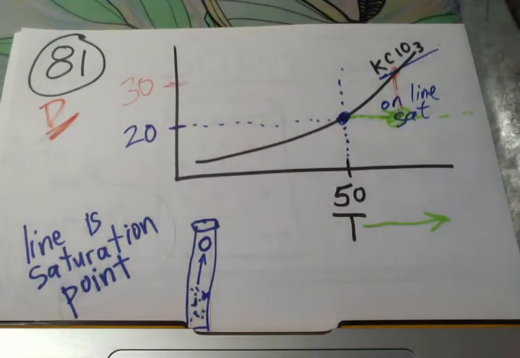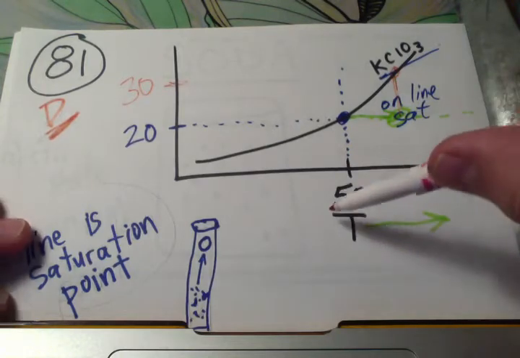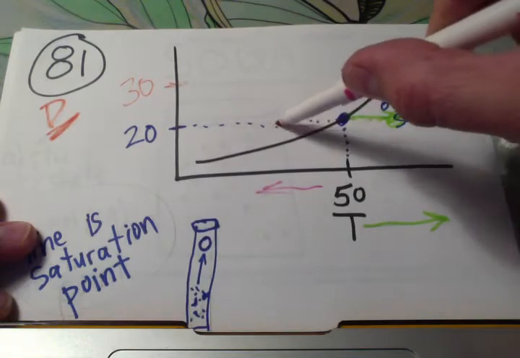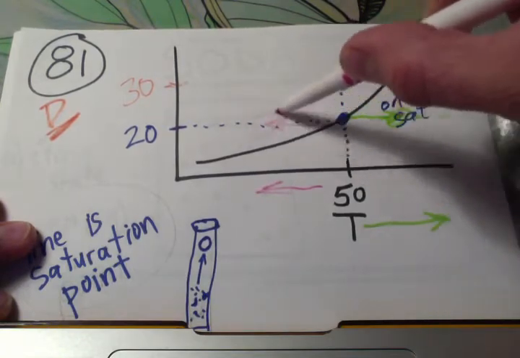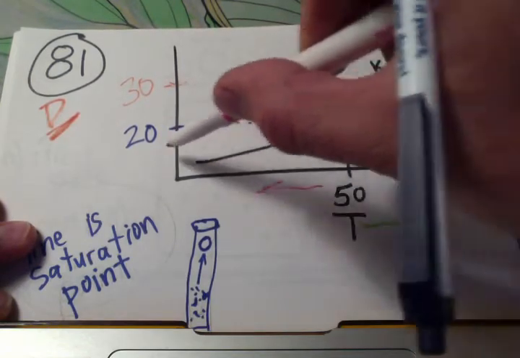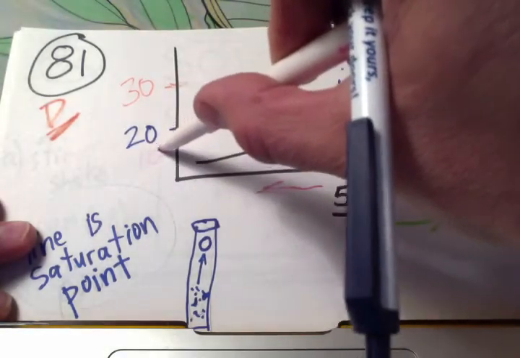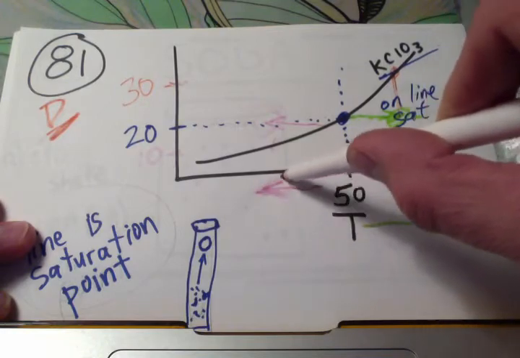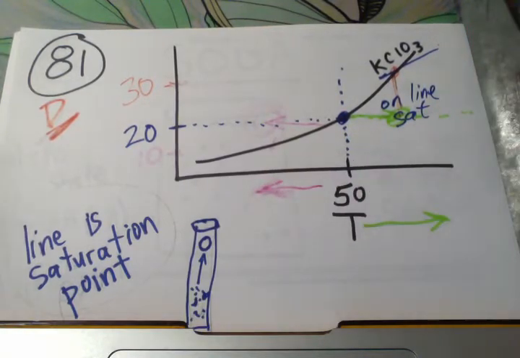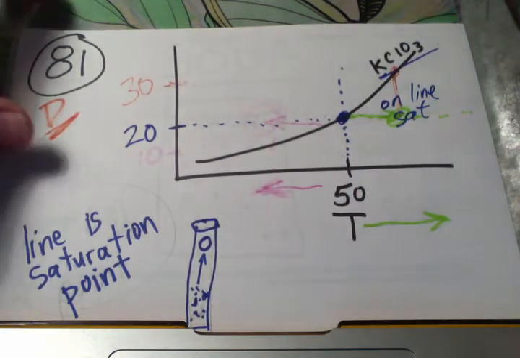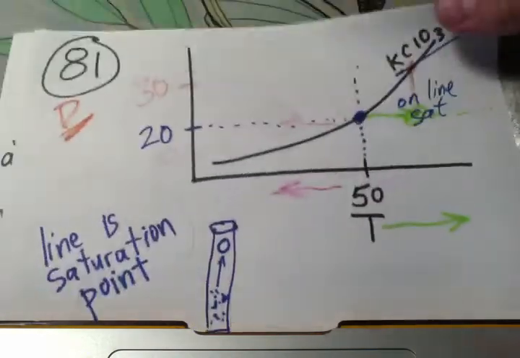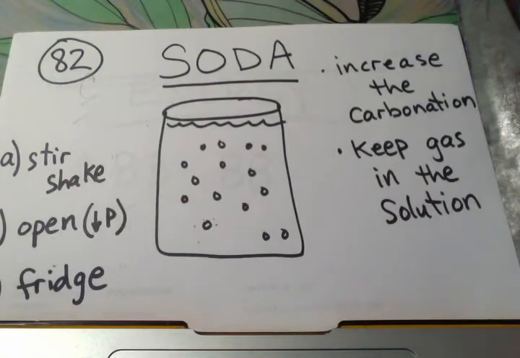Conversely, if you cool yourself down, you're above the line, and you can only hold like 10. So if you cool it down, and I don't know if you ever did crystals, or just think about it: if you heat it up, you can put more salt in. If you cool it down, you can put less salt in. That's all it's saying. So, okay.